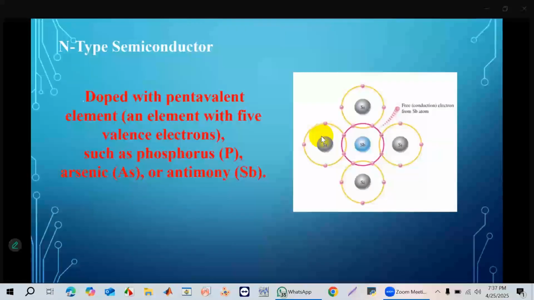The antimony has five valence electrons, and four of them make covalent bonds with four silicons. So one electron is left free. In this way, after adding some antimony to intrinsic silicon, we can make it an n-type semiconductor. So the majority charge carriers in n-type semiconductors are electrons, and the minority charge carriers are holes.